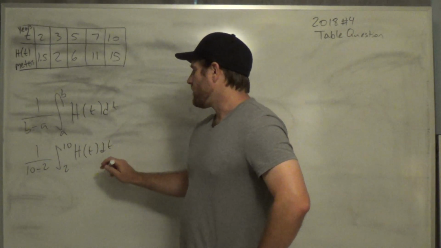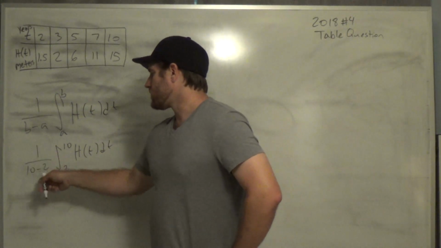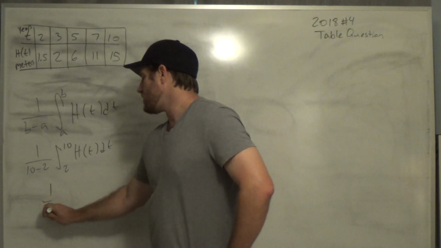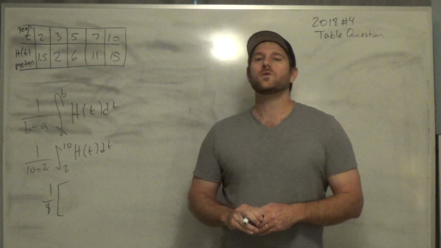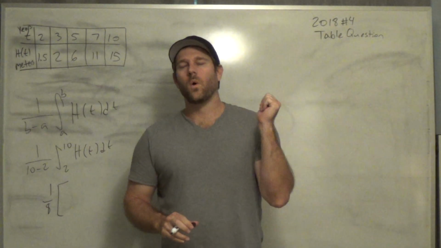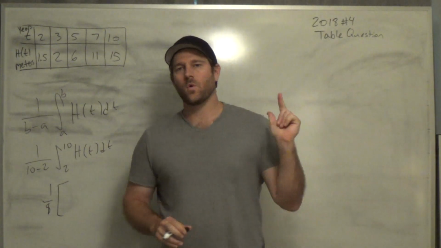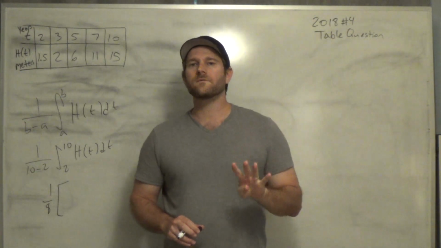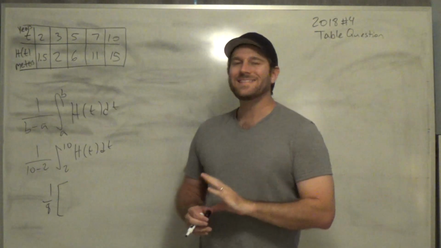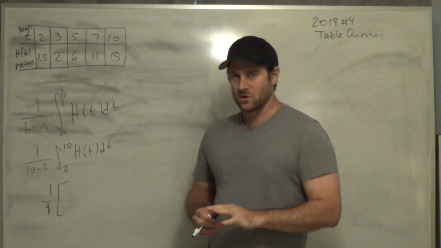Now, 1 over 10 minus 2 is 8. So we get 1 over 8 times, and this is what you have to remember. When you use trapezoidal, or right Riemann sums, or left-hand Riemann sums, or even midpoint, all four of those are used to find or estimate the area underneath the curve.